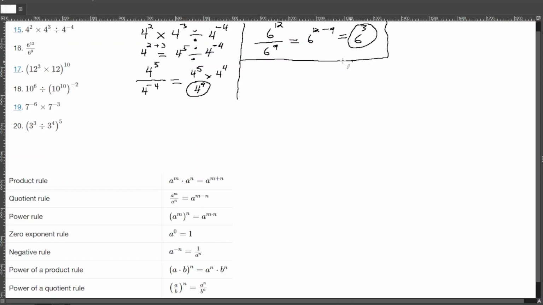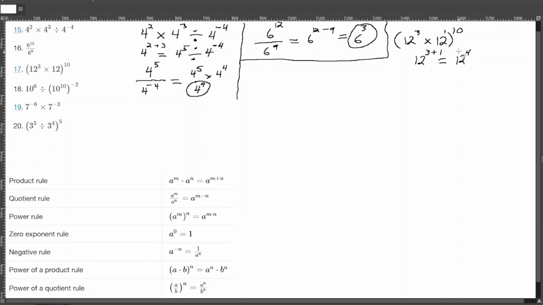Next one, maybe I could squeeze this one in here. So the quantity 12 to the third power times 12, everything raised to the 10th power. The way to go about this one is let's do what's in the parentheses. So that's 12 to the 3 plus 1, which would give us 12 to the fourth inside of the parentheses.